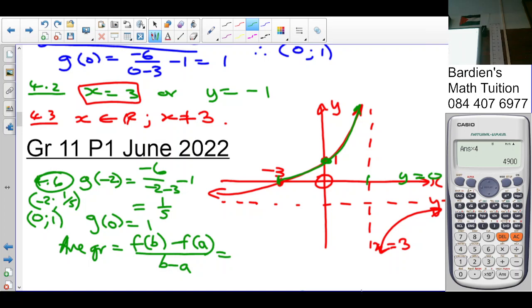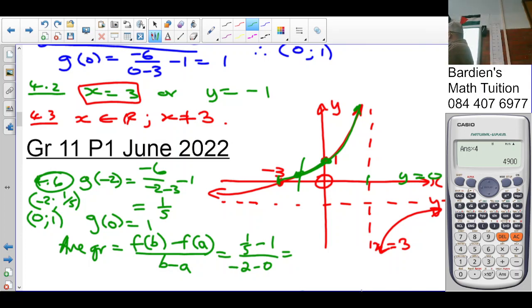So that would be 1 over 5 minus 1 over negative 2 minus 0. Of course, this gradient has to be positive. As you can see, it's from negative 2, which is about here, to there. So that's going to give you, I made a mistake, 1 over 5 minus 1, and this is minus 2.